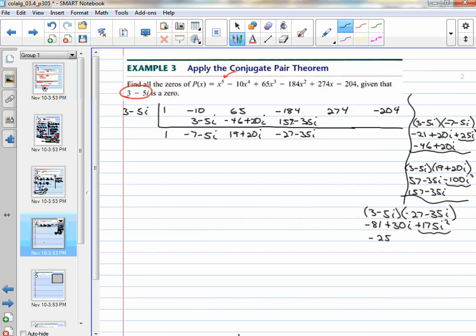Negative 256 plus 30i. 274 minus 256. Okay. 274 minus 256: 18. 18 plus 30i.